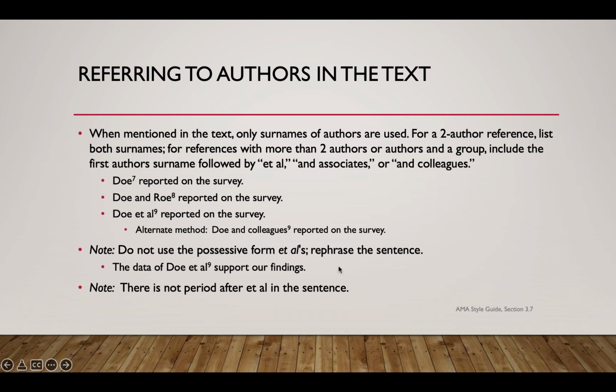Do not use the possessive form of et al. Rephrase the sentence. So, the data of Doe et al. supports our findings. So that's an example of rephrasing the sentence. And there is no period after the word et al. in a sentence.